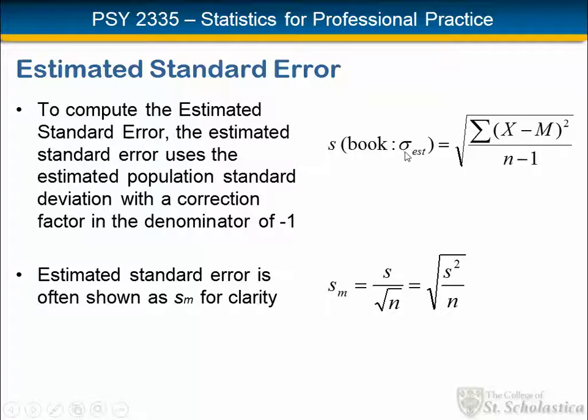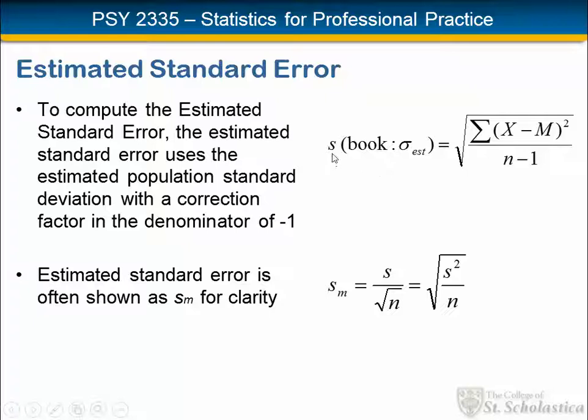Our book uses sigma as though it's for the population, and then EST to show that it's an estimate. But if you remember, we've got our sum of squared differences from the mean on the top, and then what makes it a sample standard deviation is the fact that we're using n-1 on the bottom.